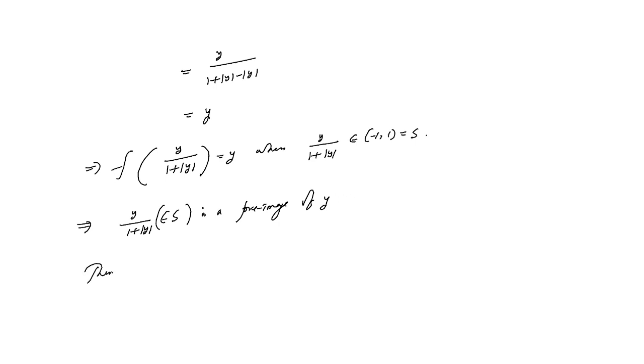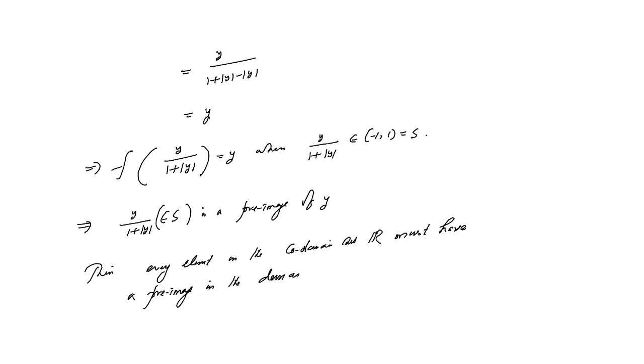So thus what we can conclude, every element in the codomain set R must have a preimage in the domain set S, and hence f: S to R is surjective.